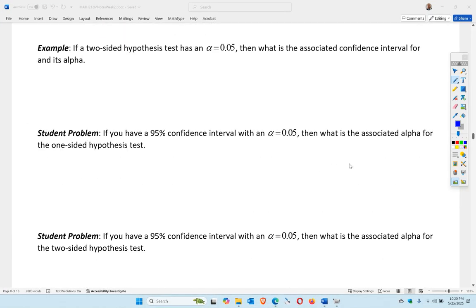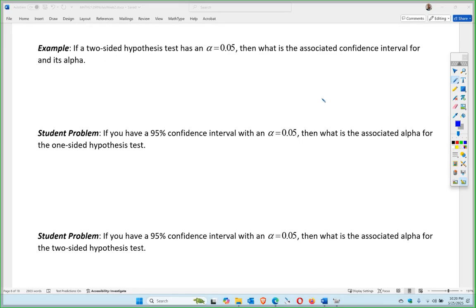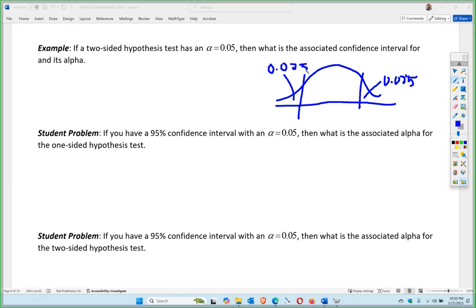Okay, so let's say I have a two-sided hypothesis test with alpha of 0.05. Which means I have 0.025 here and 0.025 here for my hypothesis test.